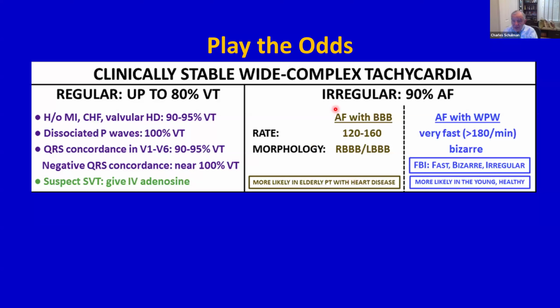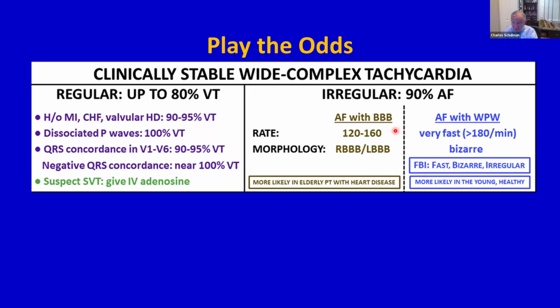And you can play the odds, right? If you have a clinically stable wide complex tachycardia and it's regular, up to 80% are ventricular tachycardia. If it's irregular, 90% of them are AFib. Either AFib with a bundle branch block that was present before, a person who happens to have a bundle branch block anyway, who then gets atrial fibrillation, will have a wide complex tachycardia, right?